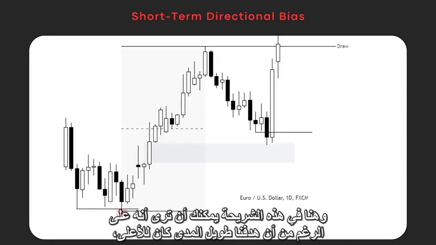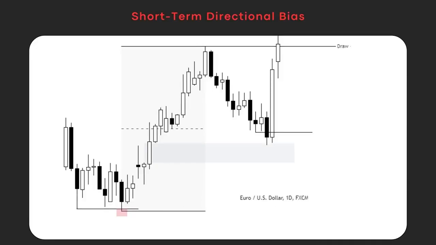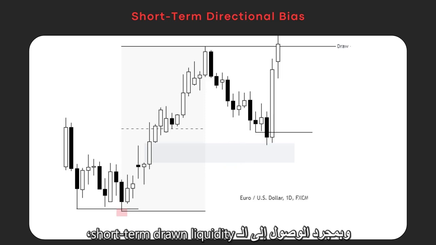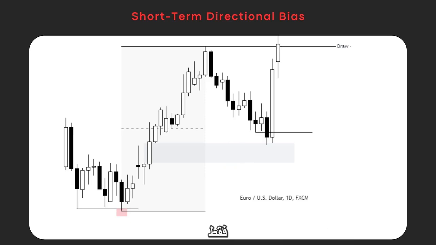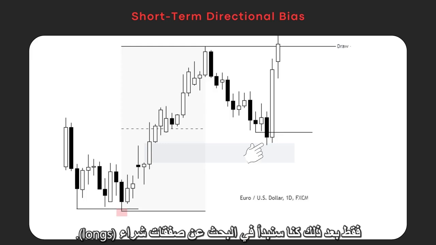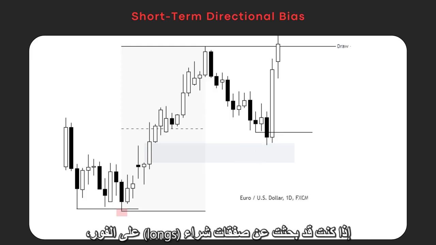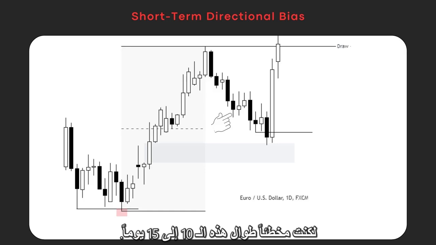And right here in this slide, you can see that even though our long-term objective was higher, even with all of that, we would have still looked for shorts throughout these 10 to 15 days. And once the short-term drawn liquidity was reached, only then would we have started looking for longs. If you had looked for longs right away, then you would have been wrong throughout these 10 to 15 days, right?